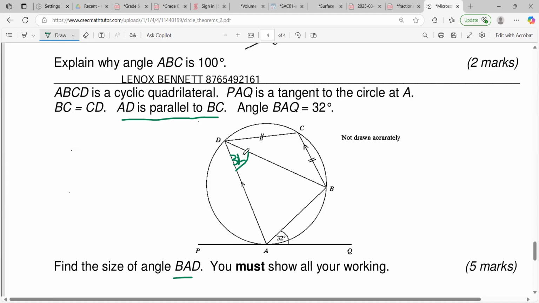Because they are parallel, they form what you call alternate angles, or Z angles. So this is also equal to 32. And if you look at this, this is an isosceles triangle, right? This angle equals this angle. So this is 32 as well.